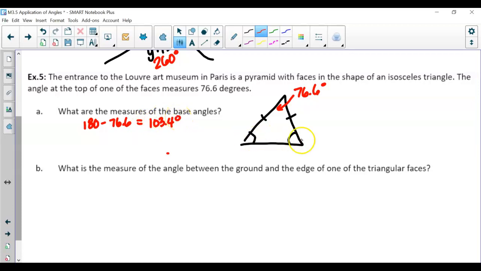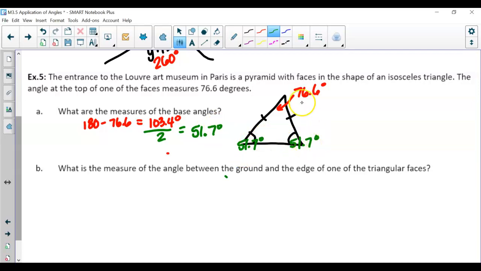So if I've got 103.4 degrees, and we know that this is isosceles, so the two angles are the same, what do we then have to do? Divide by 2, right? They're congruent, they're equal to each other. So if we divide by 2, each of the base angles is 51.7 degrees.